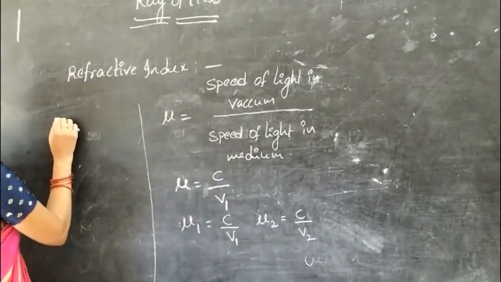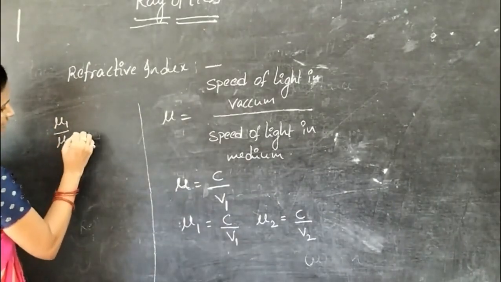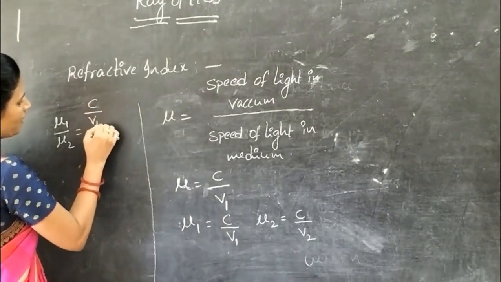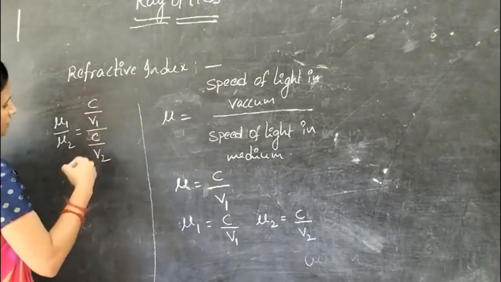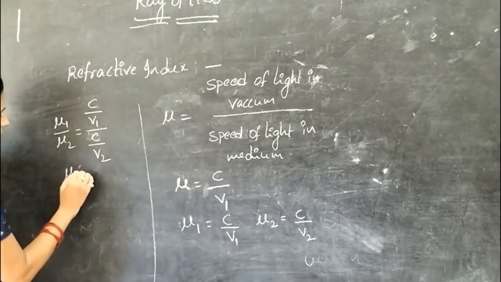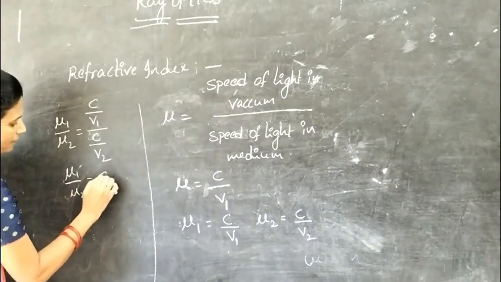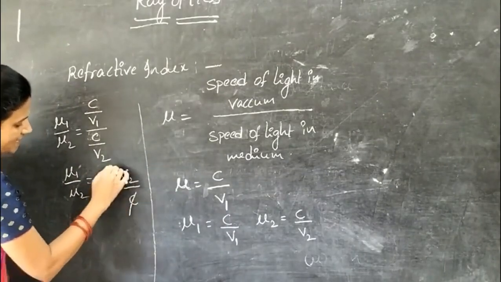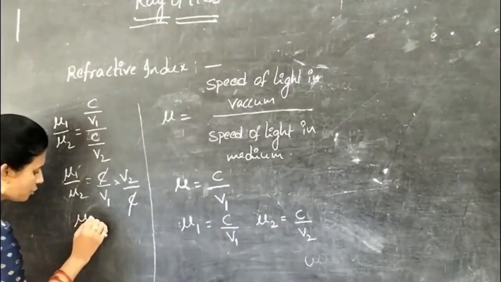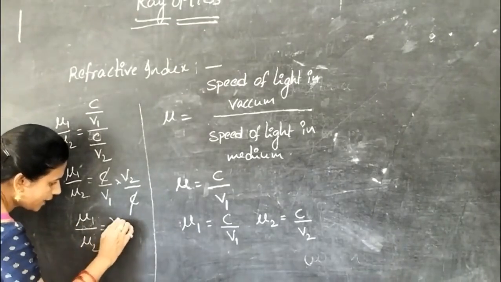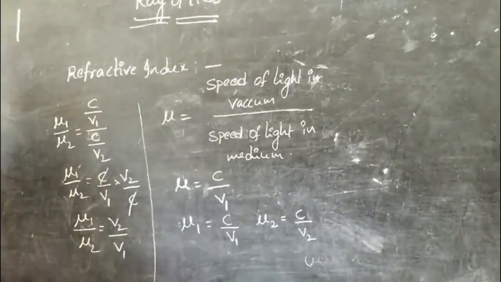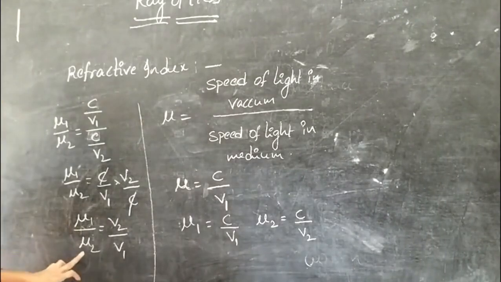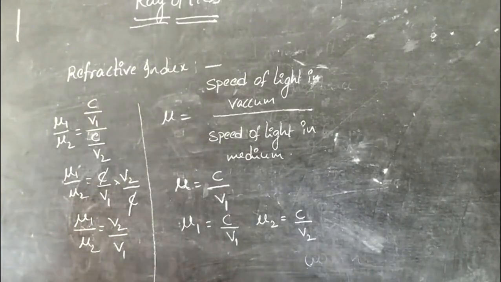So what is the ratio? mu1 by mu2 is equal to c by v1 divided by c by v2. Taking the reciprocal, c gets cancelled, so mu1 by mu2 is equal to v2 by v1.